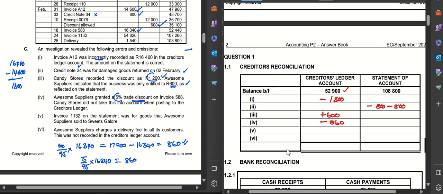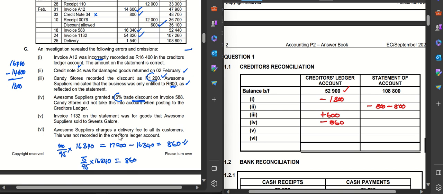Let's go to number 5. Number 5 reads: invoice 1132 on the statement was for goods. Let's look for invoice 1132. There it is. It was for goods that Awesome Suppliers, that is them, sold to Sweets Galore. All right, we don't know who Sweets Galore is.